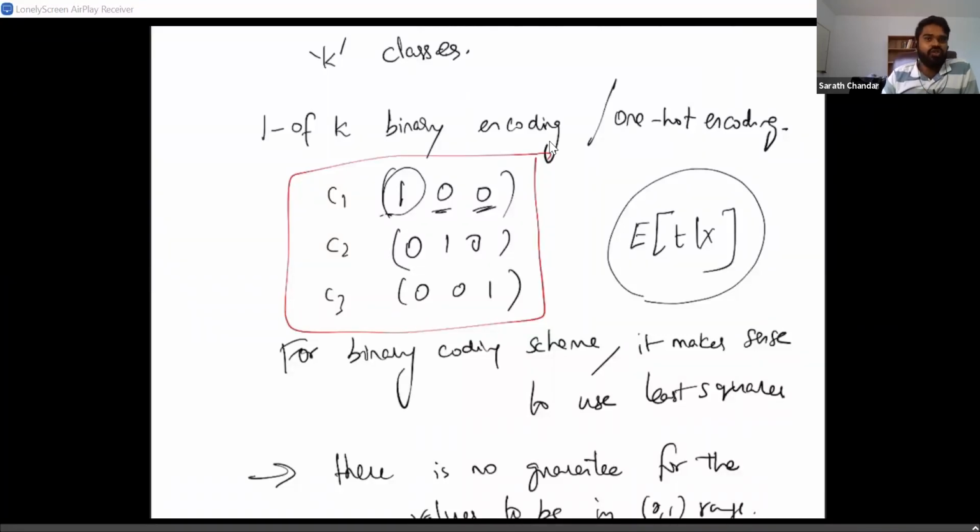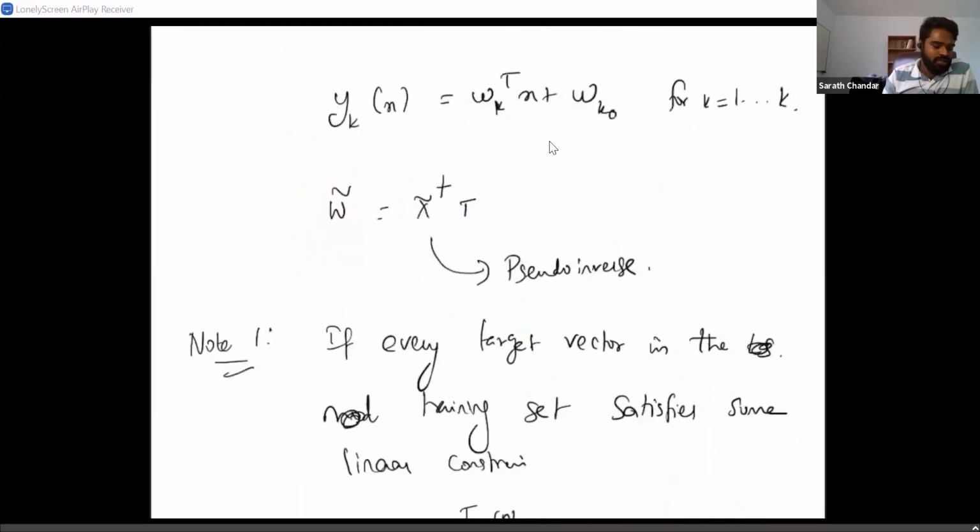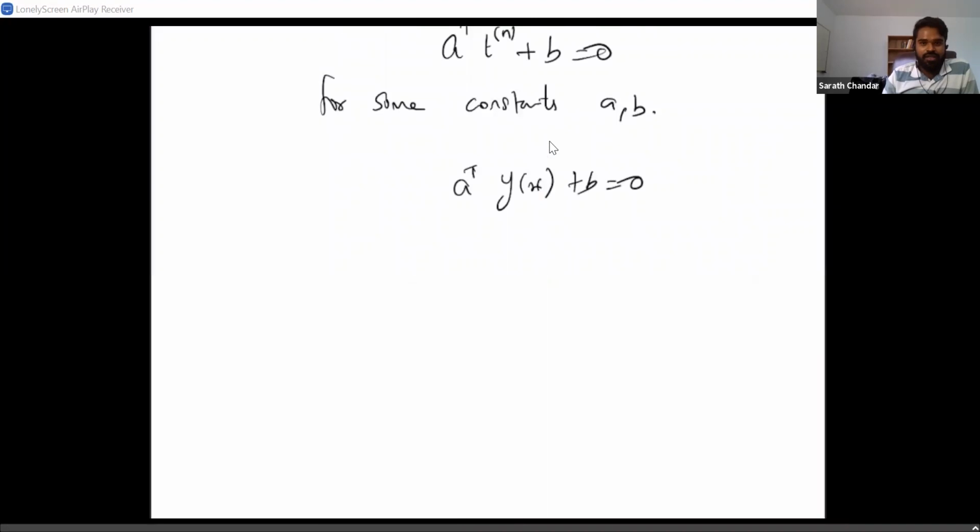I would encourage you to try least squares for classification, and you would see that the output of this model will actually sum up to 1. But the point to remember is it just sums up to 1, but it can take negative values, so it's not a probability value. It is still some real number which could also be negative. So that's the first interesting note.